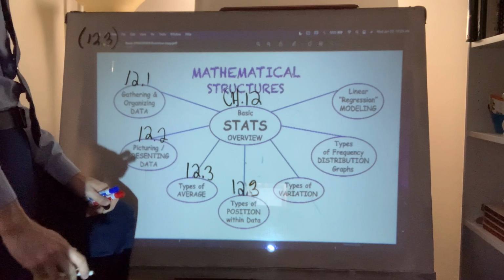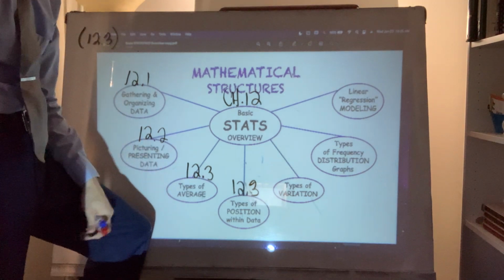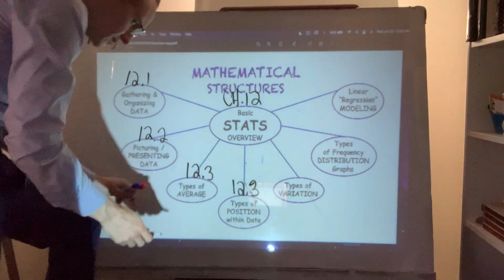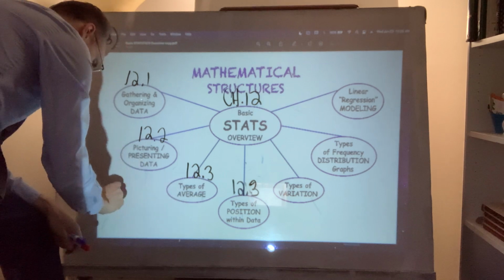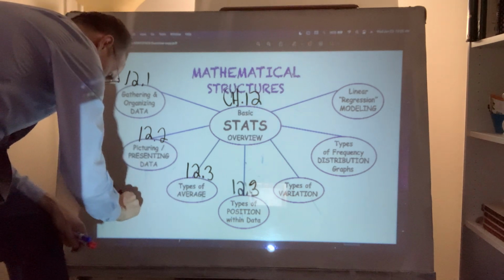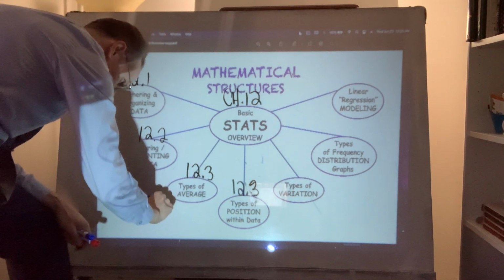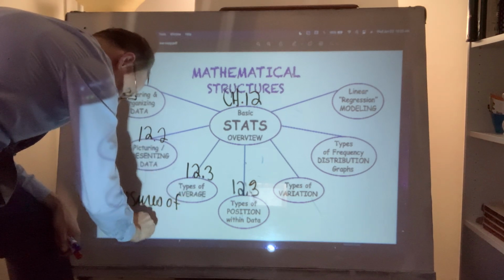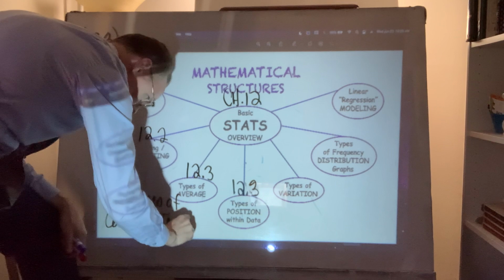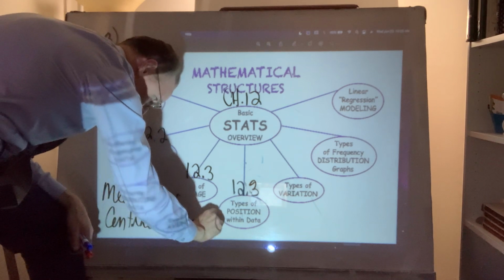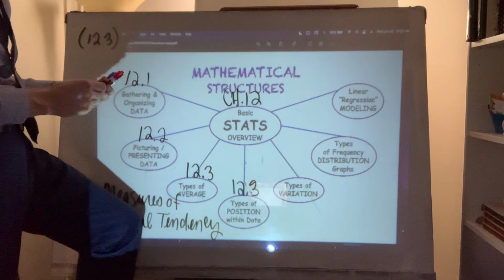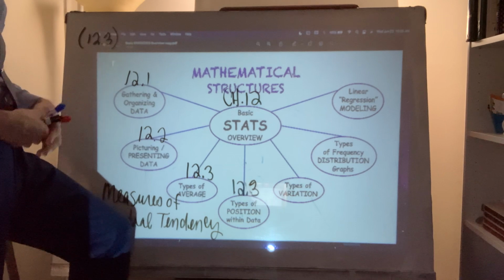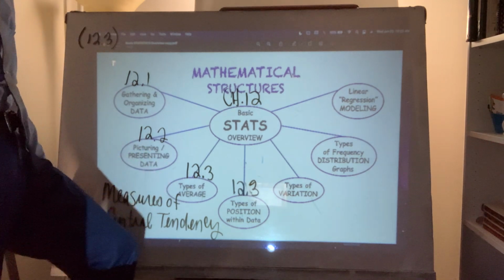The alternative name or phrase for referring to these is measures of central tendency. Which sounds cool, right? But it's sufficient to just simply say types of average.